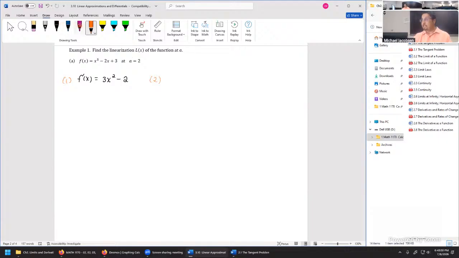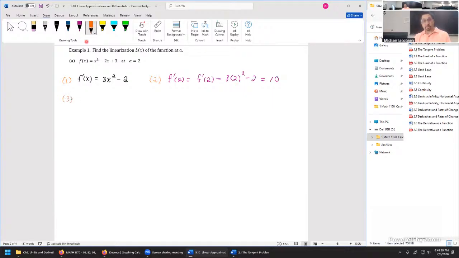So the next thing we need is the derivative, we need f prime at a. F prime at a, if a is a value of 2, becomes f prime at 2, which just means plug a 2 inside here. This is 3 times 2 squared minus 2. That's 4 times 3 for a 12, minus 2, for a value of 10 altogether. So we've got a slope.